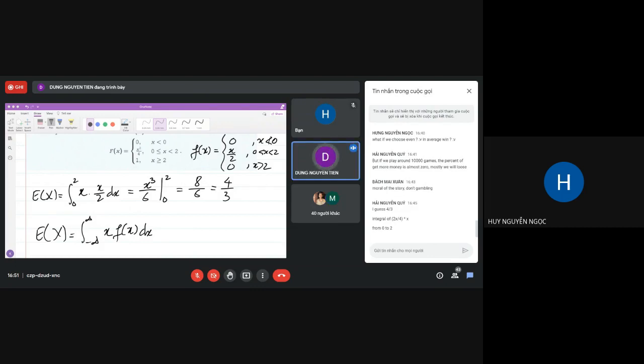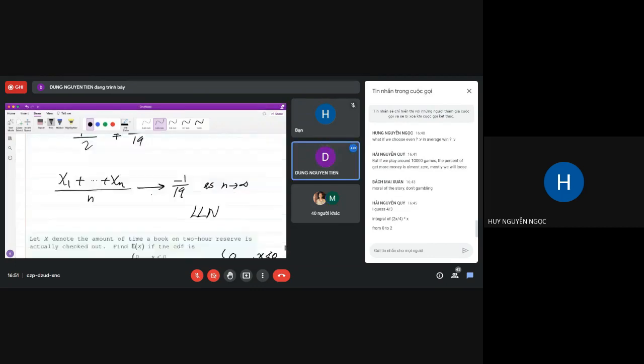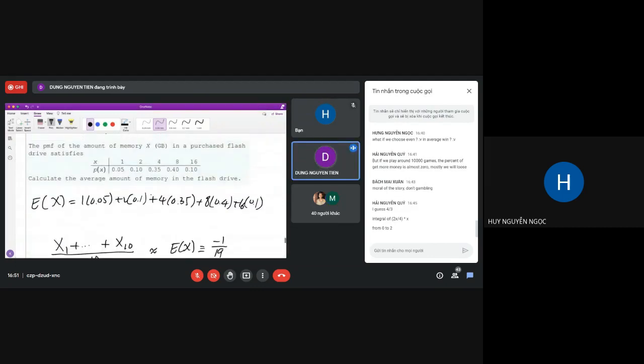Now, what if I want to find the mean value of x squared? Then I should take x squared: you get 1 squared, 2 squared, 4 squared, 8 squared, 16 squared.